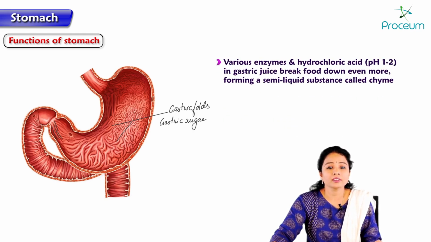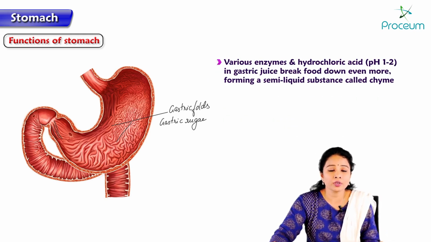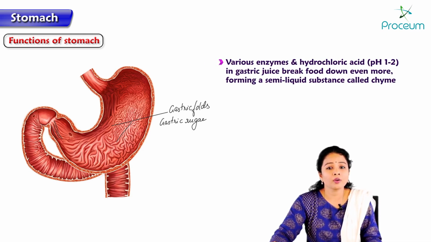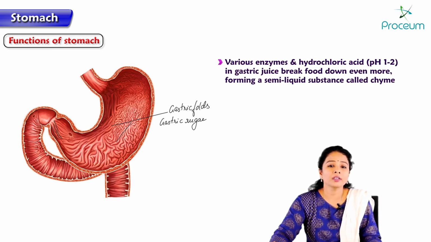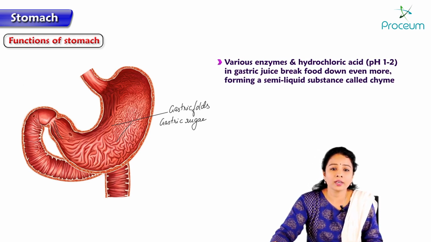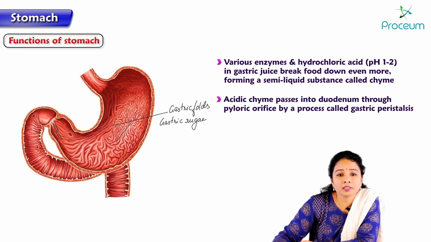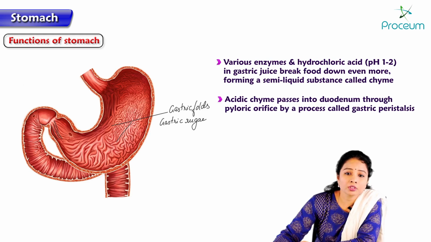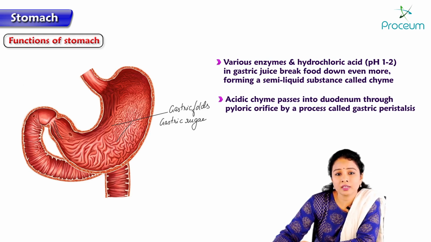The various enzymes and also the hydrochloric acid with the pH of 1 to 2 in the gastric juice break down the food even more, forming a semi-liquid substance called chyme. So the acidic chyme passes into the duodenum through the pyloric orifice by a process called gastric peristalsis.